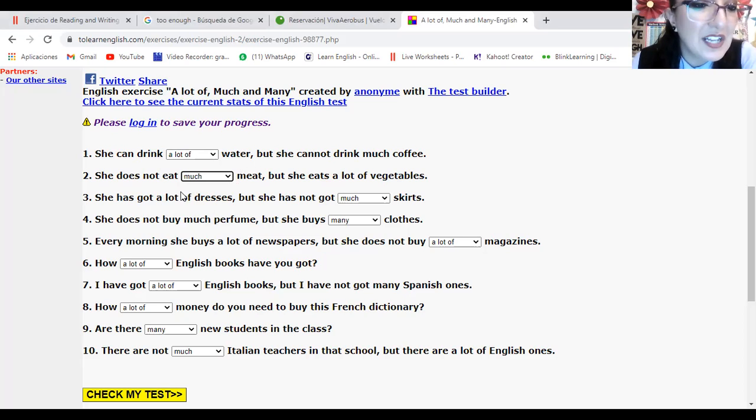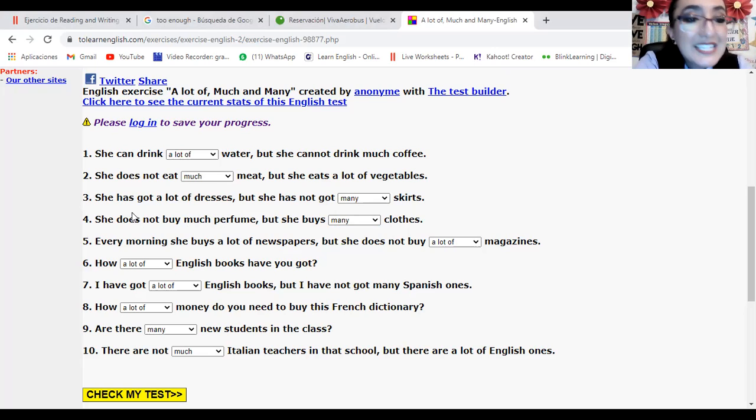She has got a lot of dresses, but she has not got what? Many skirts. Can you count the skirts? Yes, right? Good.